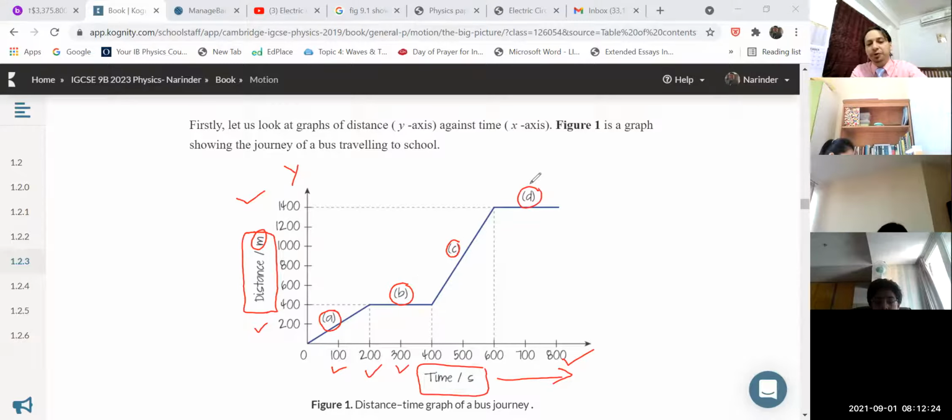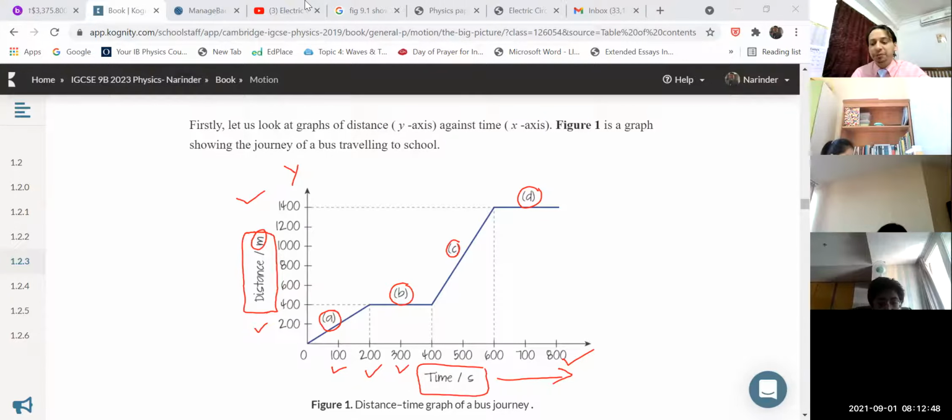And we are going to discuss what is the meaning of section A, section B, section C, and section D. And students, these graph questions are really very, very important questions. In this chapter number 2, in exams, definitely there will be one question based on graphs.